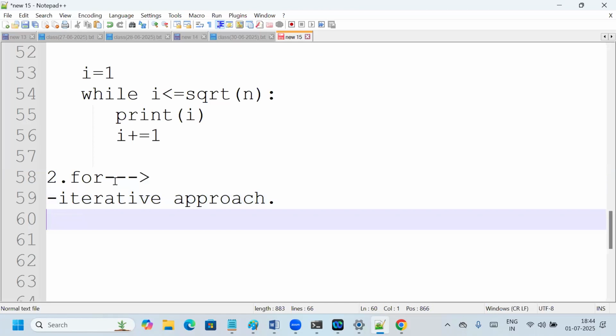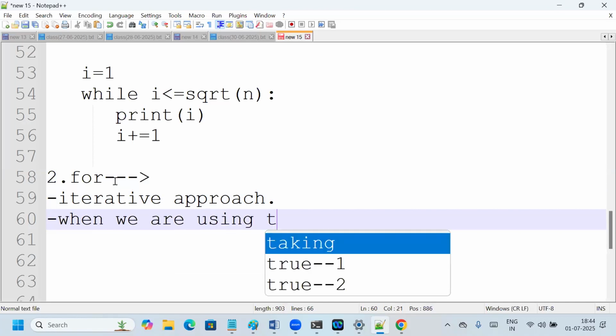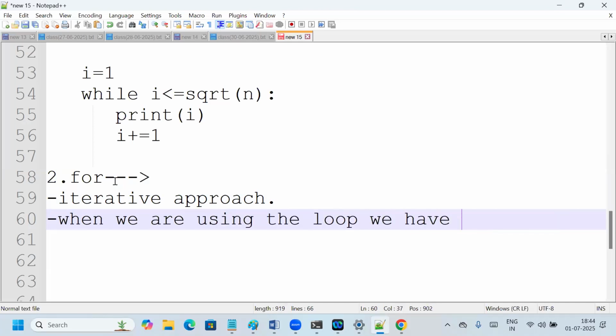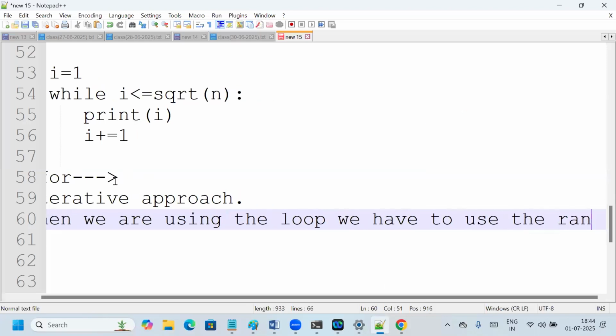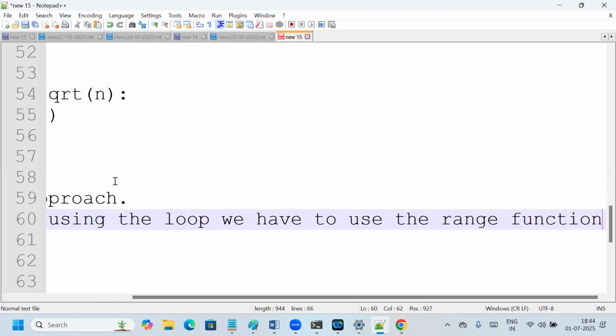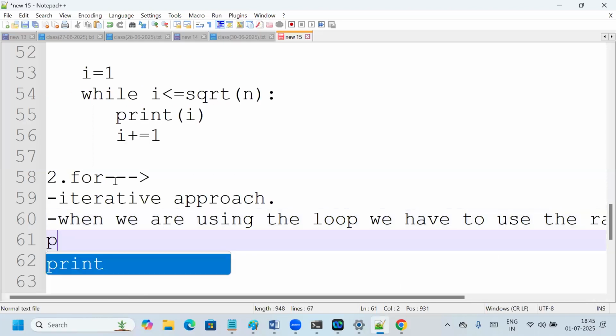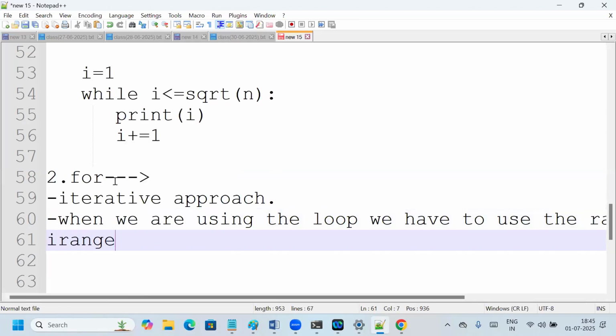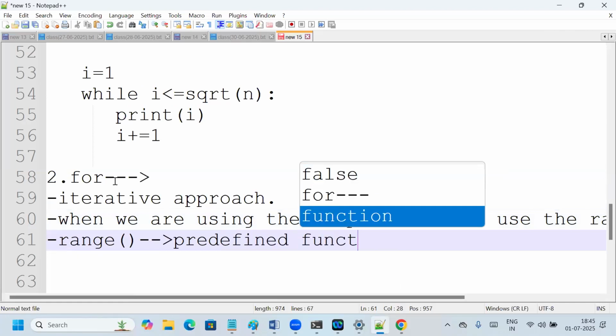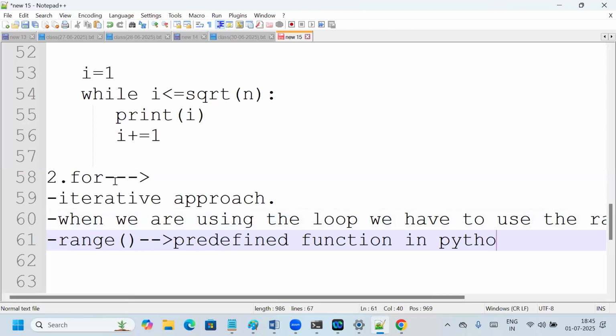But when we are using the loop, we have to use the range function. Range function is a predefined function in Python.